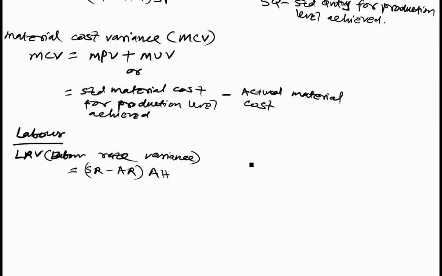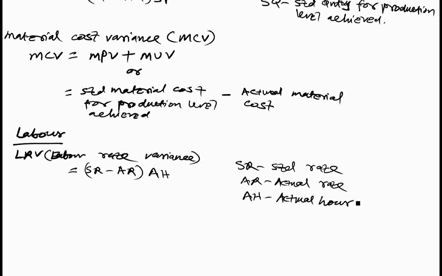SR is the standard rate, of course by rate we mean the wage rate. AR is the actual rate, and AH is actual hours.